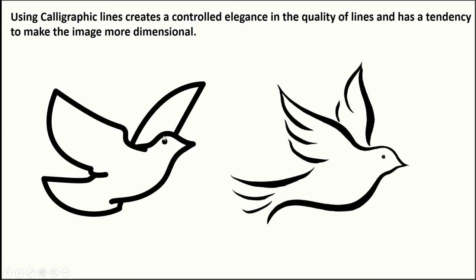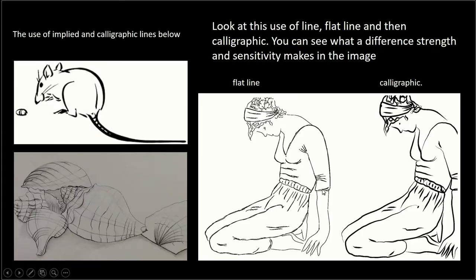Look how flat this bird looks on the left compared to how much more physical, like turning back and forth, this one is because of the calligraphic lines. So in these pictures, you can see this is primarily flat line.